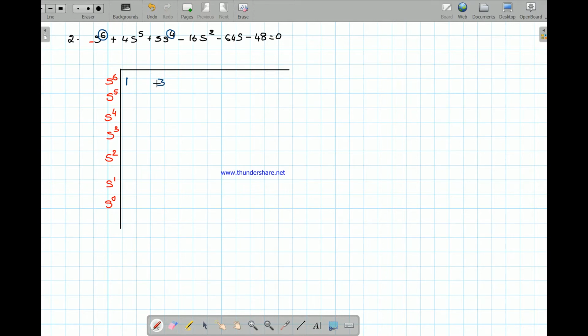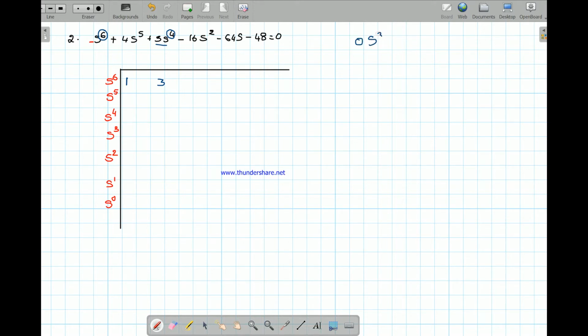Now we need to write the coefficient of the next even power. There is one thing you need to see in this particular problem. We have the s to the power of 4 term, but we don't have the s to the power of 3 term here. Immediately it went on to s square. So as the s power 3 term is not there, the coefficient of s power 3 is 0.